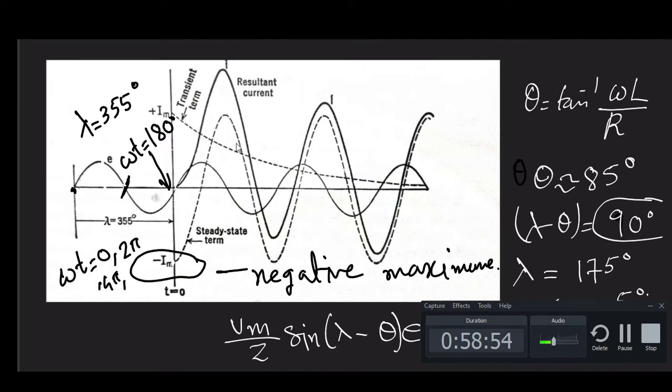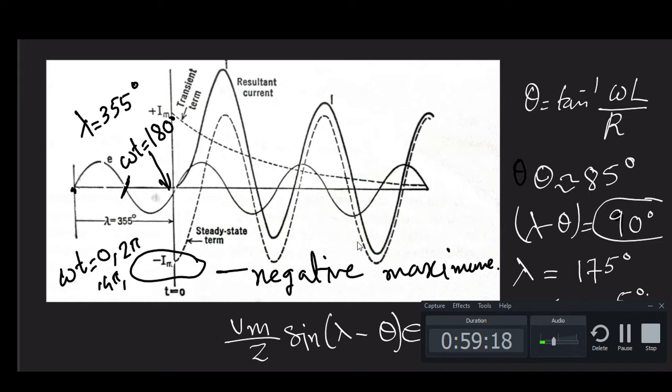And the easiest way to do it is to minimize this transient term, not to make lambda minus theta equal to 90 degree, rather to make it as small as possible, although they are opposing each other here apparently. But later you can see that due to the presence of this, after this point, here see the huge change in this resultant current.